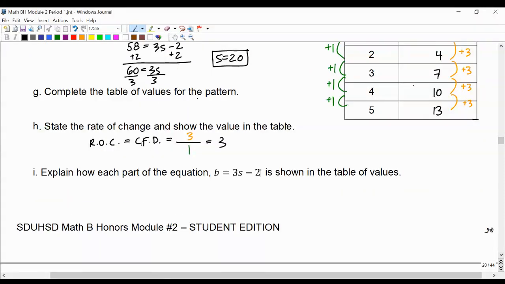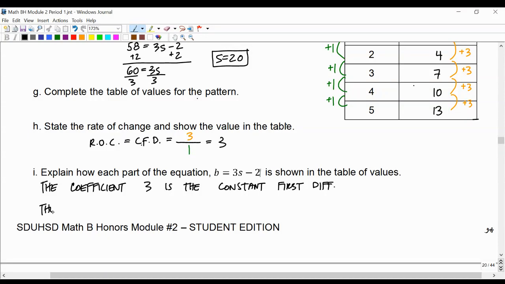All right, where do these numbers show up in the table? So the coefficient 3 is the constant first difference. Like I said before, maybe rather than use rate of change again, since we've already used that for the geometric pattern, we'll use a different vocab word that means the same thing.